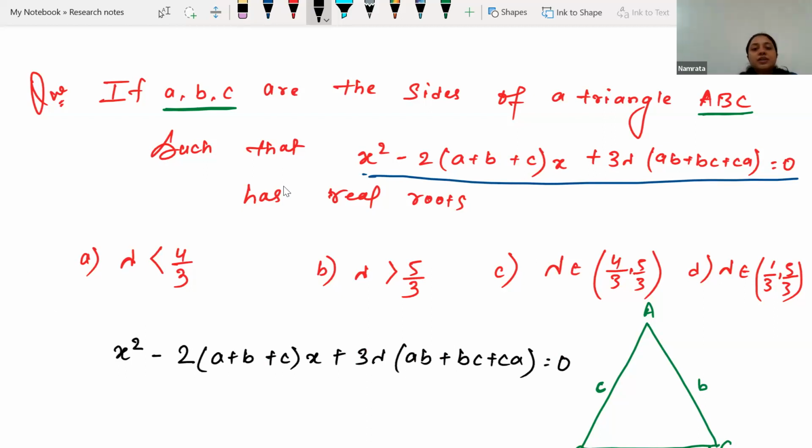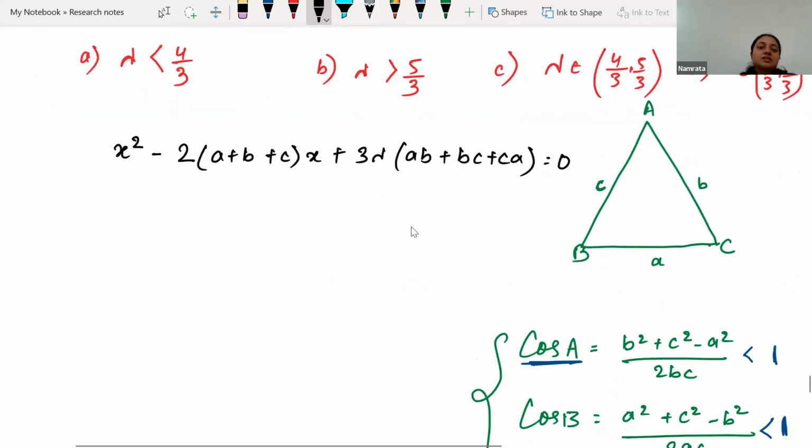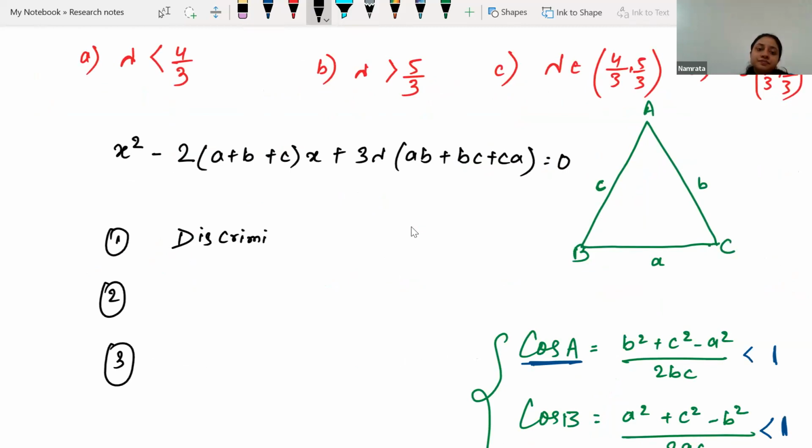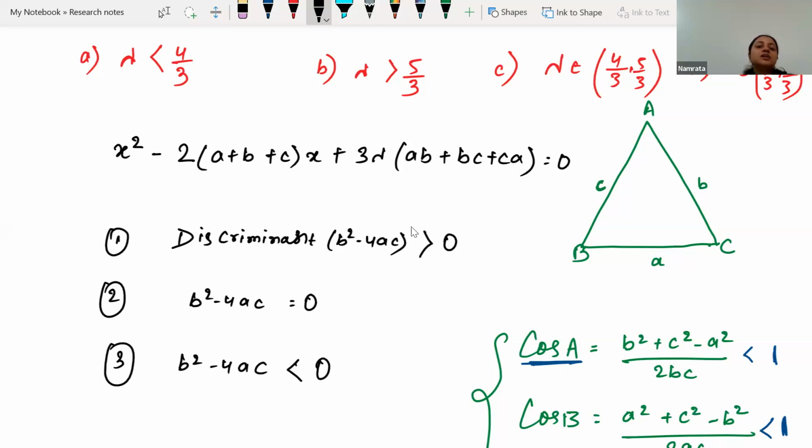Do you know that whenever the quadratic equation has real roots, there are three conditions. Discriminant, that means b square minus 4ac is greater than 0; discriminant b square minus 4ac is equals to 0; and discriminant b square minus 4ac is less than 0. These three conditions are there for a quadratic equation.